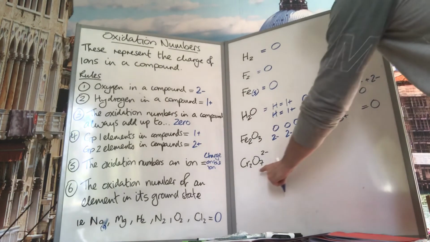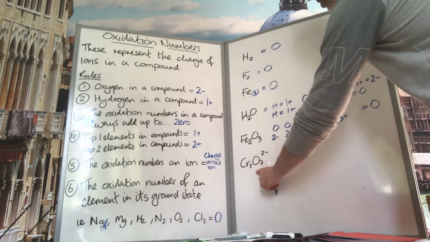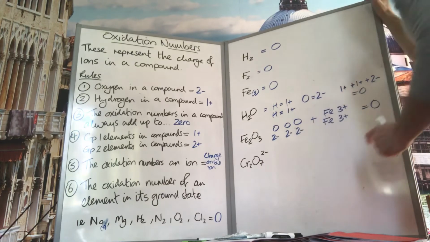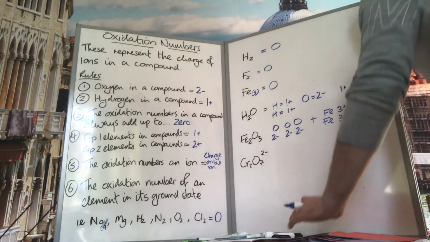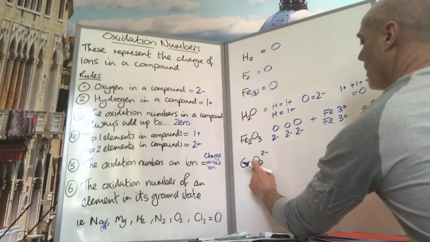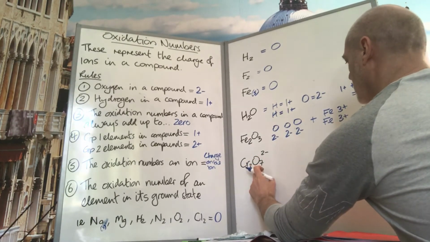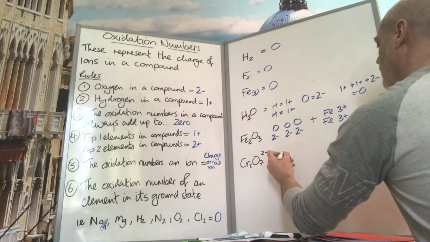Last one, we have a complicated ion here. This is the dichromate ion. So Cr2O7. So in this case, we can apply rule number 1. We know that oxygen in this ion will have an oxidation number of 2 minus. Okay, and we've got 7 of them.